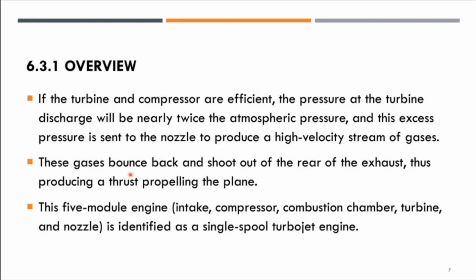If the turbine and the compressor are efficient, the pressure at the turbine discharge will be nearly twice the atmospheric pressure, and this excess pressure is sent to the nozzle to produce a high velocity stream of gases. So these gases shoot out at the rear of the exhaust, thus producing a thrust propelling the vehicle or the plane.